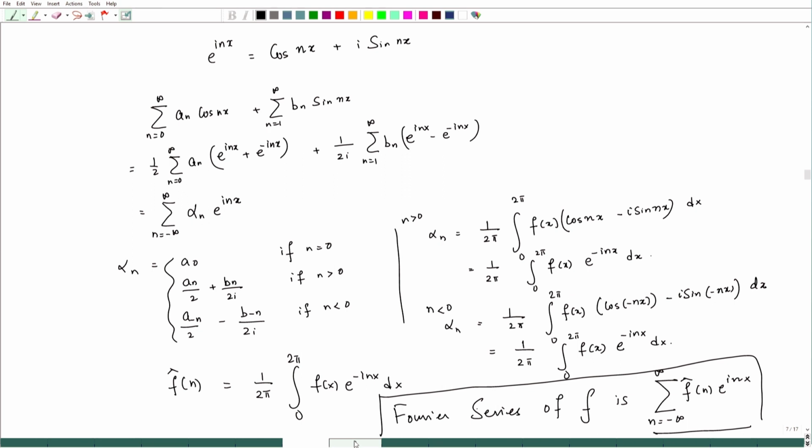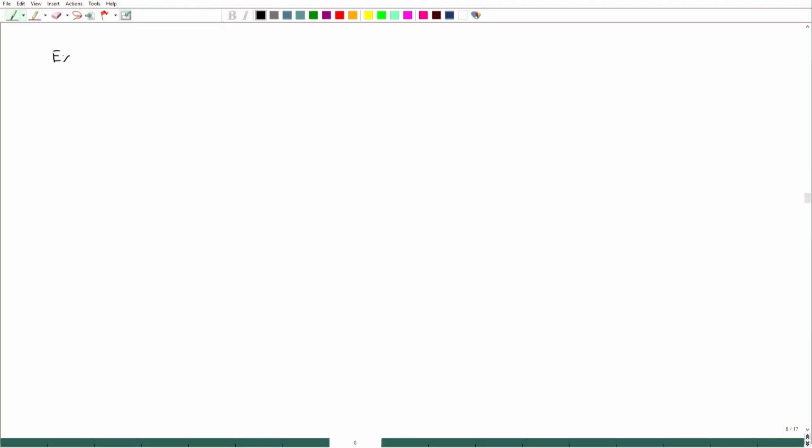To have a feel for that, let us compute the Fourier coefficients of some functions. Okay. So, let a b be an interval in minus pi to pi.